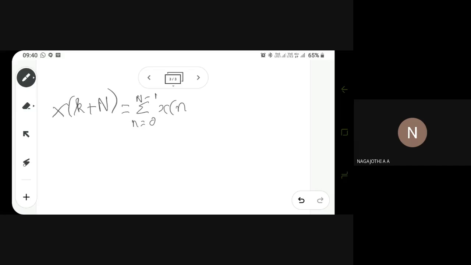The change comes only in the e power, e power minus j 2 pi n (k plus N) by capital N. This is the definition of the DFT.